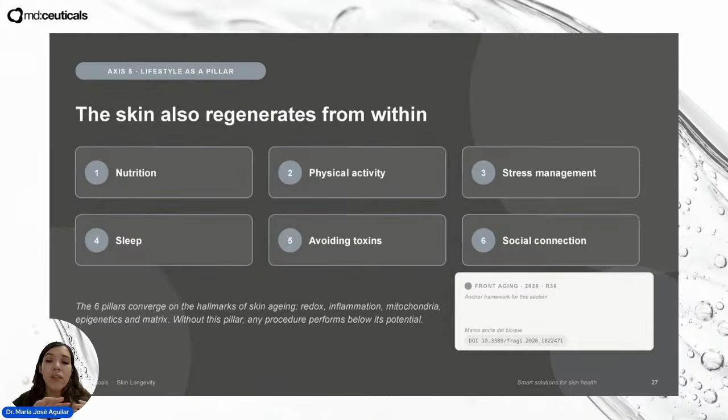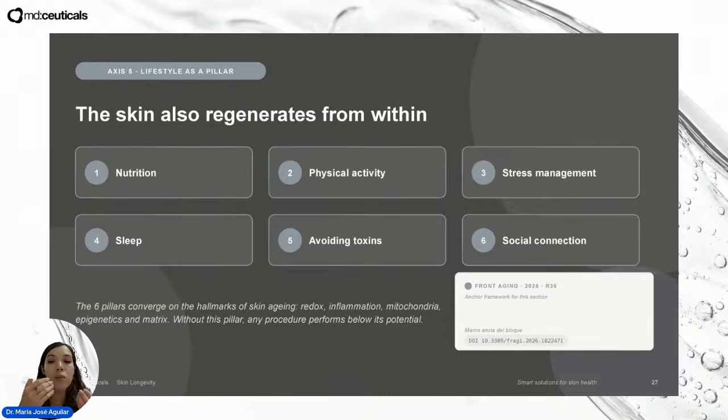We have the other factors that we need to impact now, because if you perform any treatment, but you don't perform a full global protocol for the patient, whatever you do, that patient is not going to have the best result.